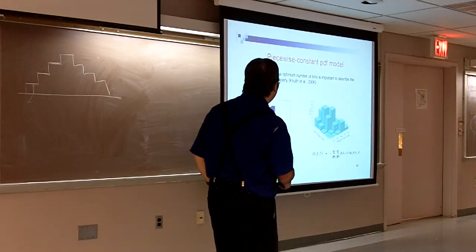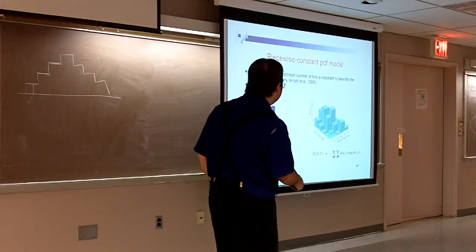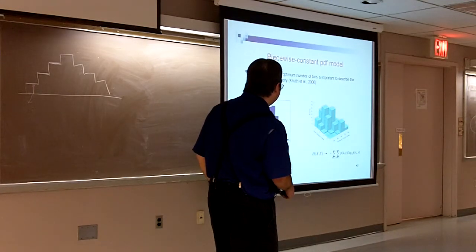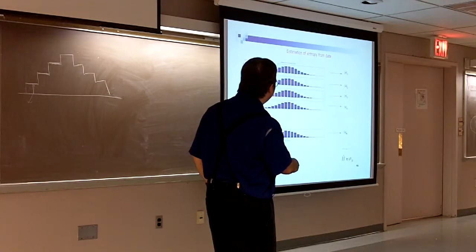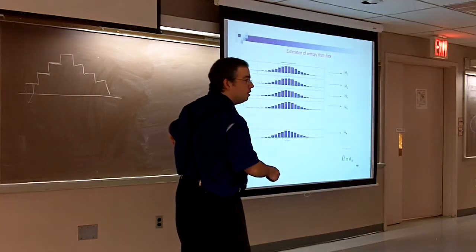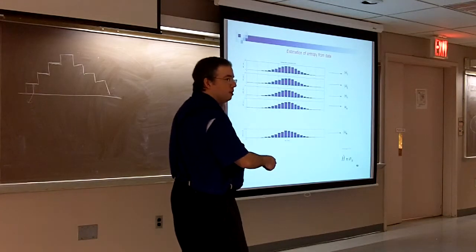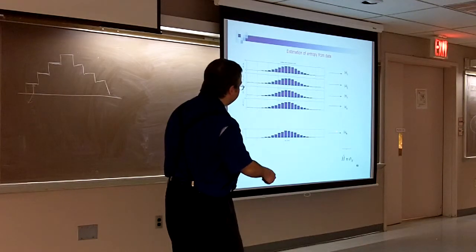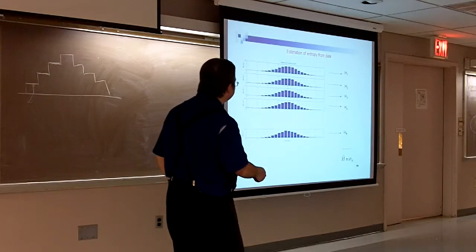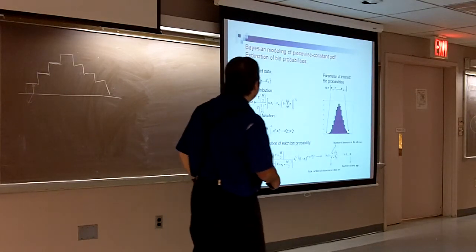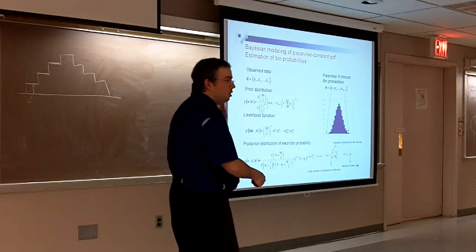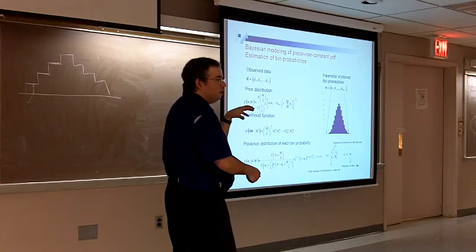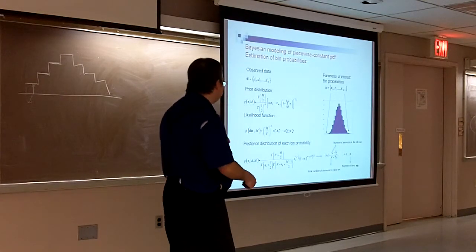So let's say that we have our histogram here. This is two-dimensional, and we estimate the entropies by using our PDF estimates. These are, for example, results of samples that I got by sampling from the histogram n times, and I got the mean and the standard deviation. At the end, this is the posterior. Since I can sample, I have a posterior PDF equation which I can sample from.